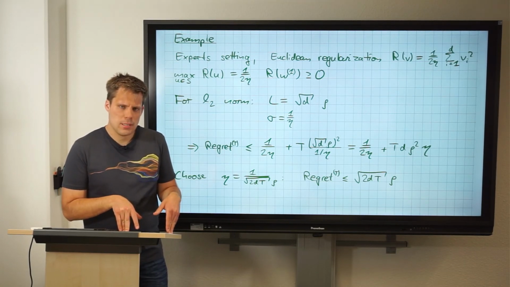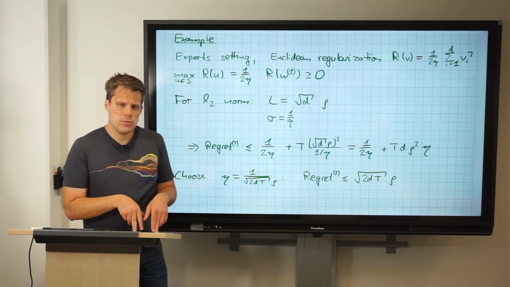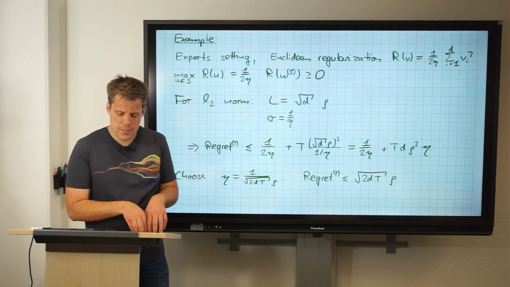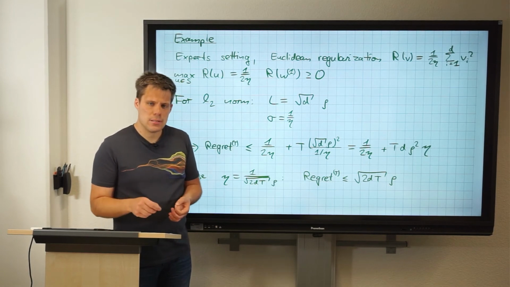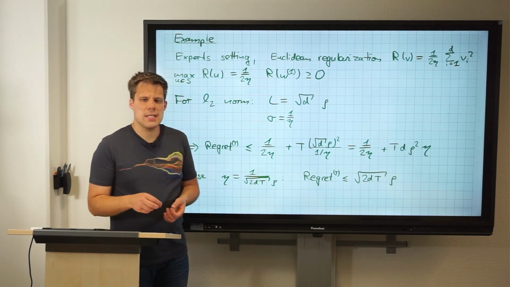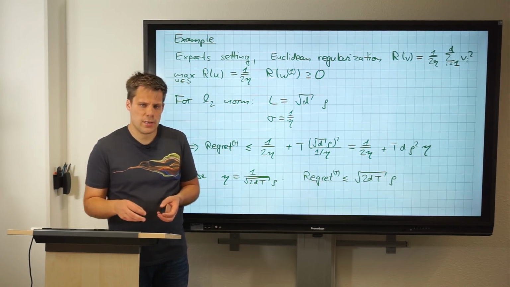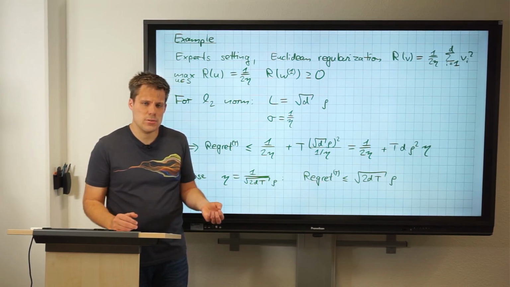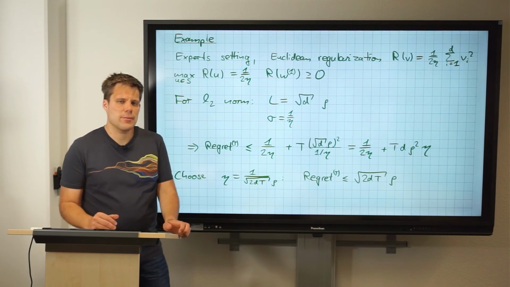And once again, how does the algorithm work? In each step, we choose the probability distribution over the experts which minimizes the expected sum of the costs so far under this probability distribution plus the regularizer evaluated on this probability distribution.